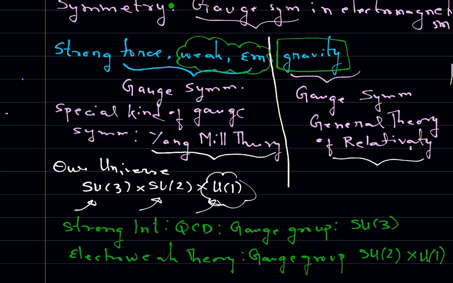When we talked about strong interaction, we learned quantum chromodynamics, the strong interaction in its quantized version. When we talk about electromagnetism, we talk about QED, quantum electrodynamics, where Feynman and other people did a lot of work.